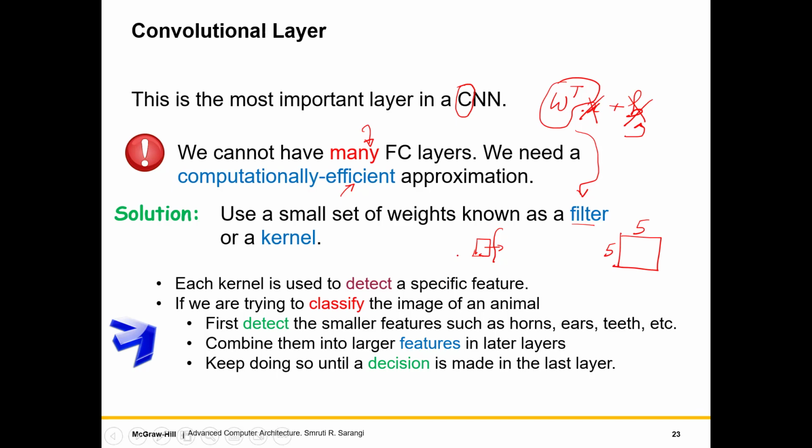So, what we do is that we compute a matrix dot product. So, matrix dot product is similar to a vector dot product. So, assume that this is the large matrix X. In this case, it's a 2D matrix. And we place the kernel, which is a smaller matrix, at a certain point, right?